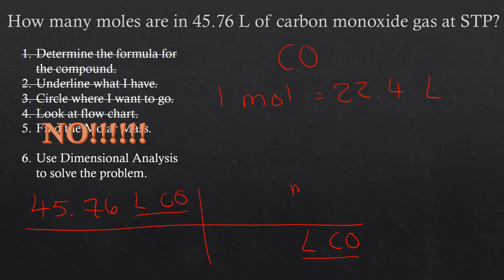And then I put moles of carbon monoxide on top. So 1 mole is equal to 22.4 liters. That's my conversion factor. And so now I divide 45.76 divided by 22.4, and I get 2.04 moles of carbon monoxide.